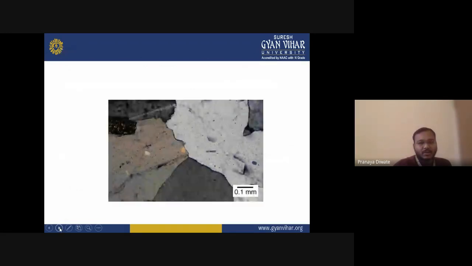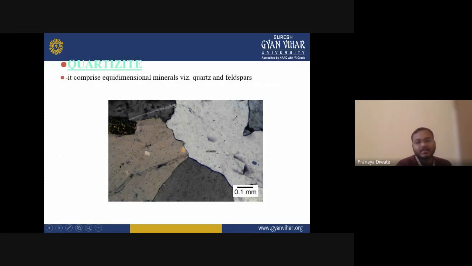Sorry, this is your quartzite. It is comprised of equidimensional minerals, quartz and feldspar. The name of this rock suggests that it is composed of quartz.